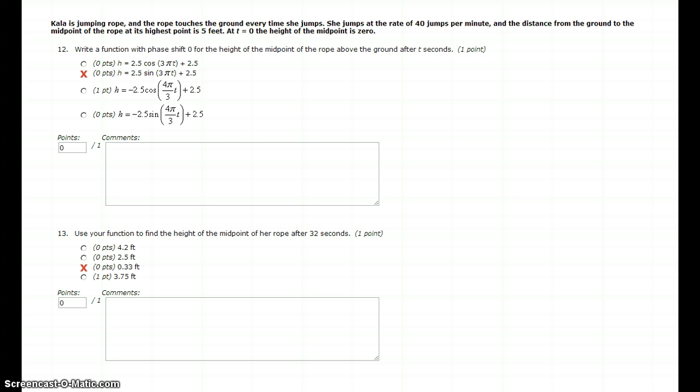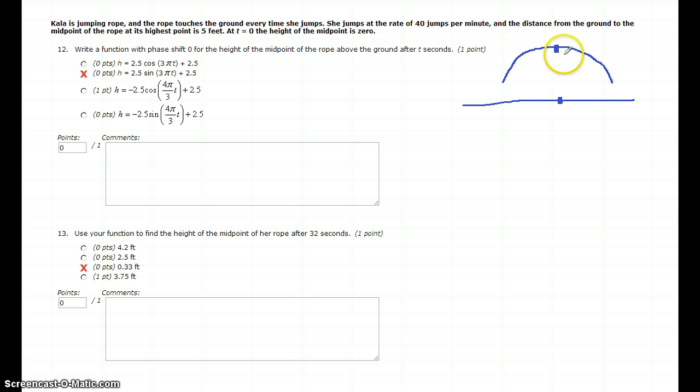So what we need to think about first is that I'm just going to draw a little diagram over here. This is the ground, and we've got the jump rope that when it reaches its height like this, the highest point is going to be right here. The lowest point is when it touches the ground right here.